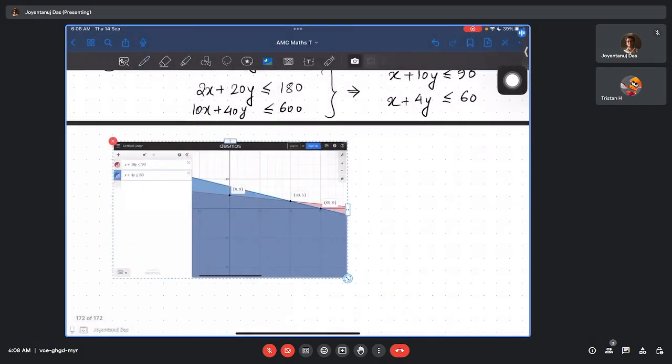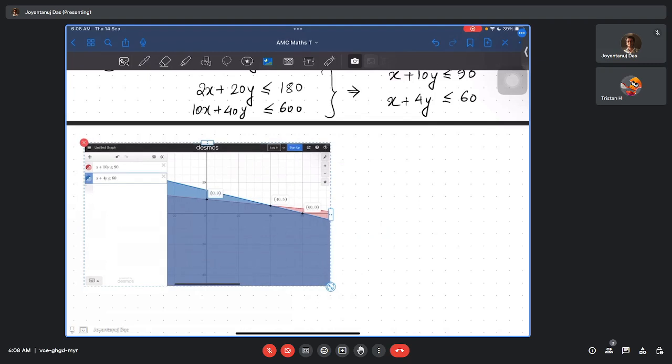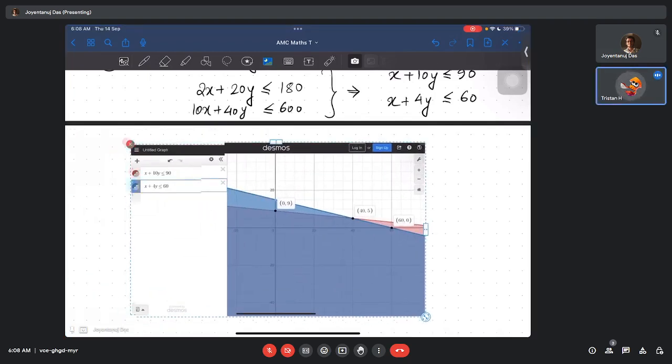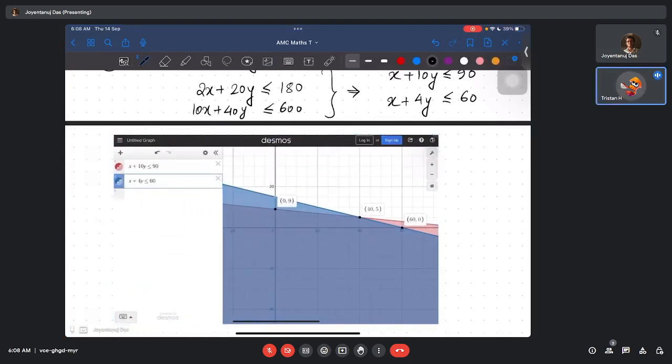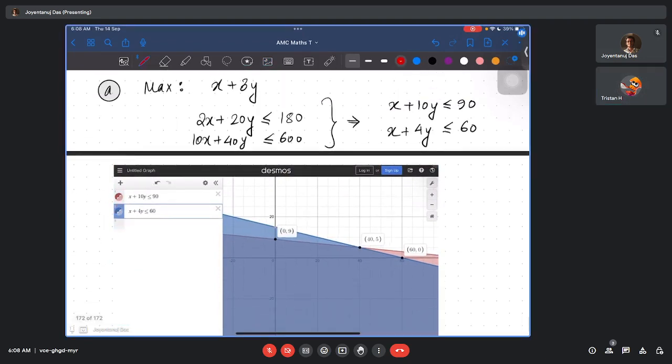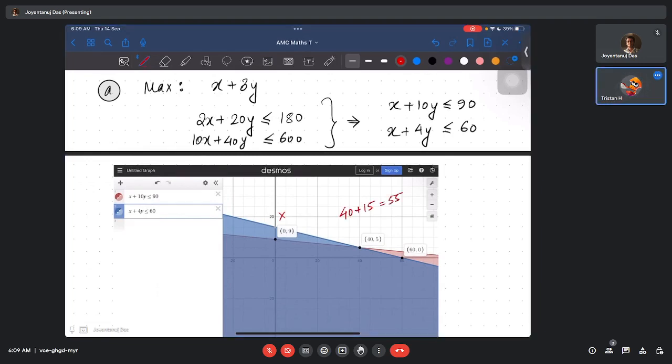Yes, so which will be the maximum corner point? The maximum point would be 60 comma 0. Oh wait, sorry. X plus 3y, right? So this will not work. 40 plus 15, right? 60 comma 0. I think that is fine. So it is 60 comma 0. So how many movies should I watch?